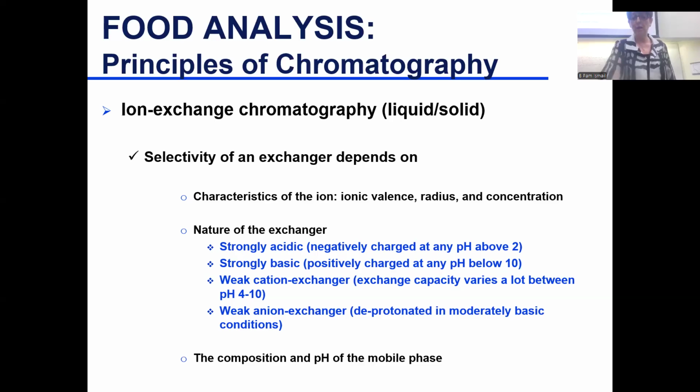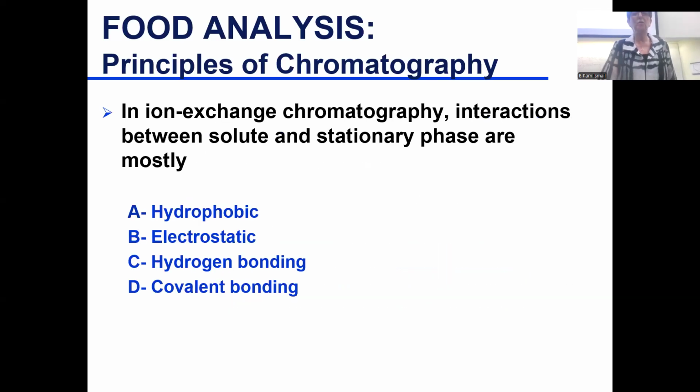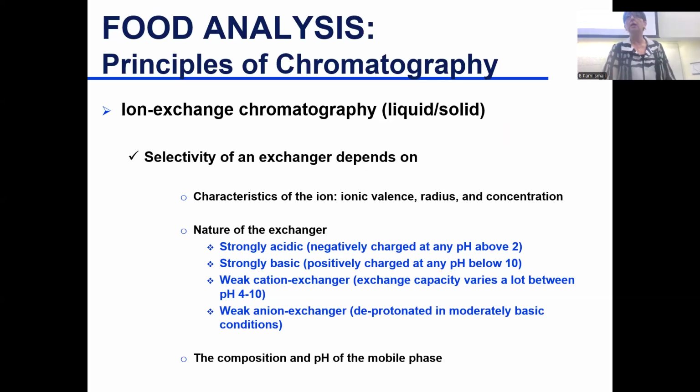All right. What kind of interactions? Electrostatic. Yes, electrostatic interactions. All right, so yes, go ahead, Lizzie. If you change it from a strong acid to a weak acid, which of the cations would elute first?